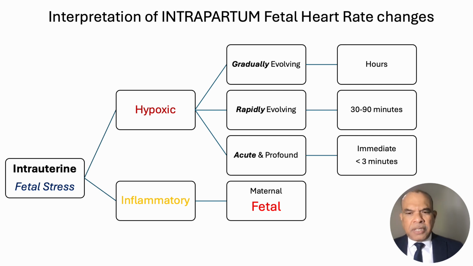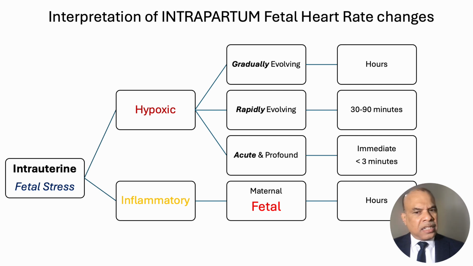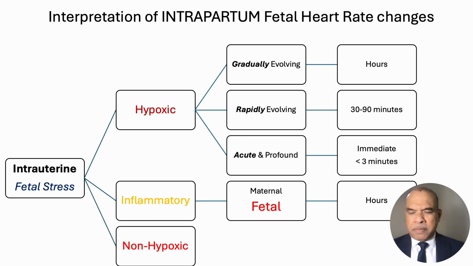They go from the vagina up through the cervical canal and infect the fetus. And that might take, depending on the incubation period, the load of the bacteria, the multiplication and the host defense mechanisms, a number of hours to develop.